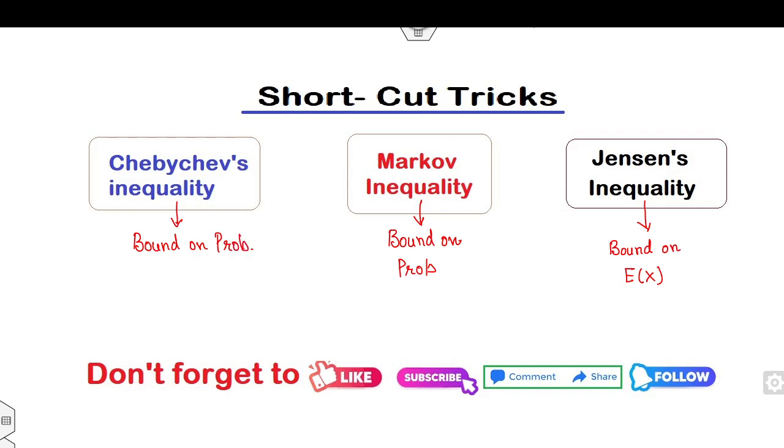But the difference between the two is that Markov's inequality is applicable when the variance is not known to you. However, in the case of Chebyshev's inequality, both the mean and the variance are known to you. Then you can apply Chebyshev's inequality, otherwise you apply Markov's inequality.